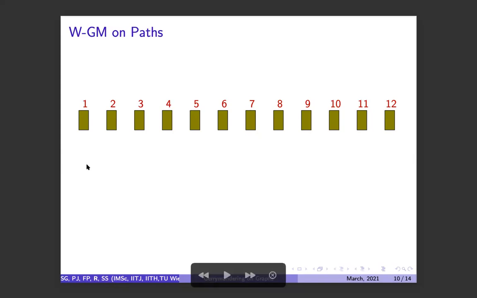The gerrymandering problem has a set of voters, and we want to partition the voters into some districts. Gerrymandering on paths means that the voters are the vertices of a path graph. So the voters are vertices of a graph, and gerrymandering on path means that the graph is a path graph.